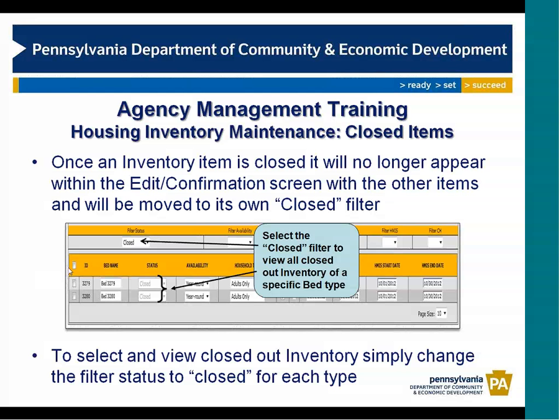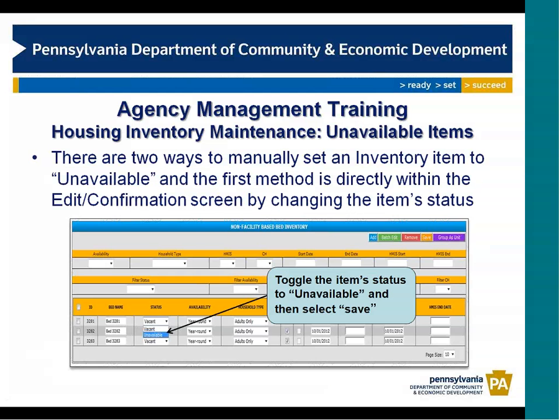That way, the closed one will have all the usage days and everything tracked with it, with the date ranges. It'll know when it started and when it ended. Then you'll have the new inventory entered in its place, with a whole new ID, and we'll see it as a replacement, but a brand new physical bed.